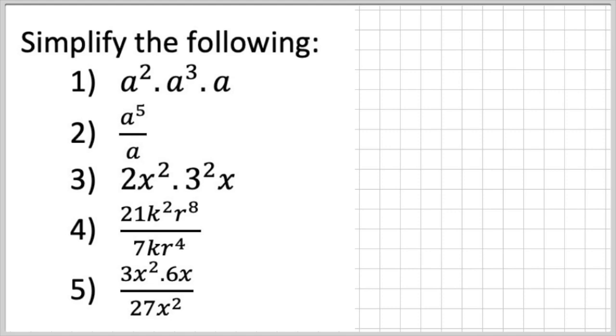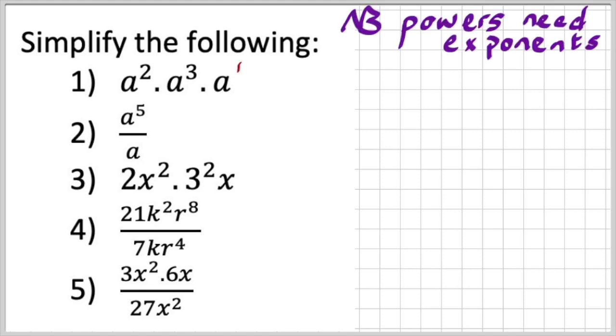So when we start with this, a very important thing to remember is that the powers need exponents. So in the first one, I put the 1 by the a, just so that I don't forget that there actually is an exponent. I am multiplying the same bases.